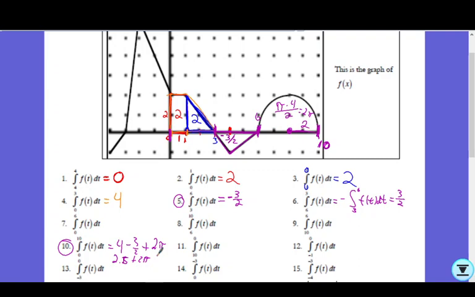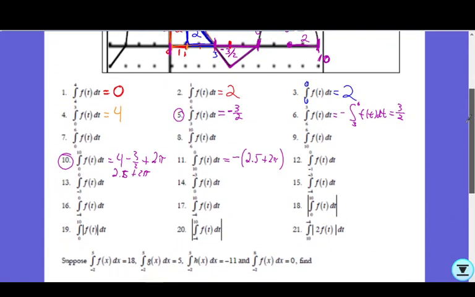And number 11, of course, is the same thing but negative. Negative 2.5 plus 2 pi. So you can see how these get not more difficult, but your understanding level needs to go up.